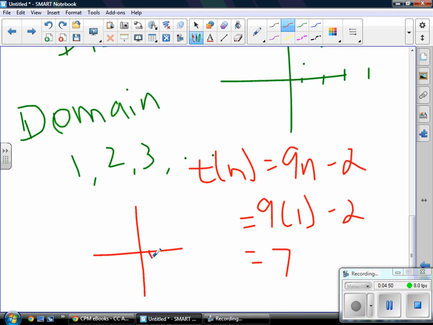So n equals 1, I'm up at 7. If I plug in a 1, is there any way I would get a different number out? Unless you did your math wrong, you would not get another output for this one input. So if I keep going, my graph is going to keep going like this, and I'm not going to connect my points because that's what a sequence is.